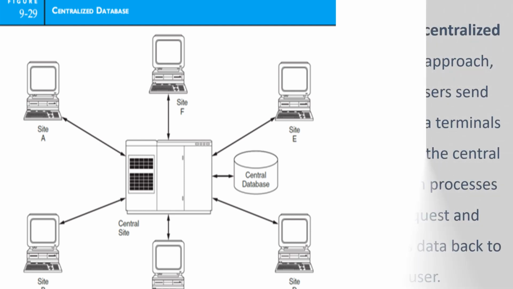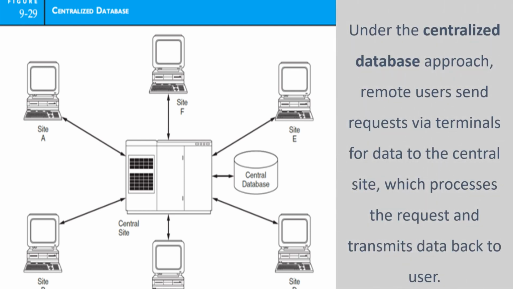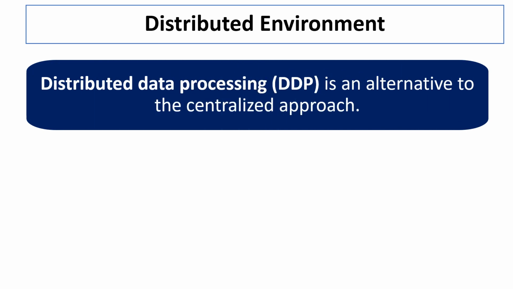In the centralized database approach, remote users send requests via terminals for data to the central site, which processes the request and transmits data back to the user. Whereas in a distributed environment, distributed data processing, DDP, is an alternative to the centralized approach.